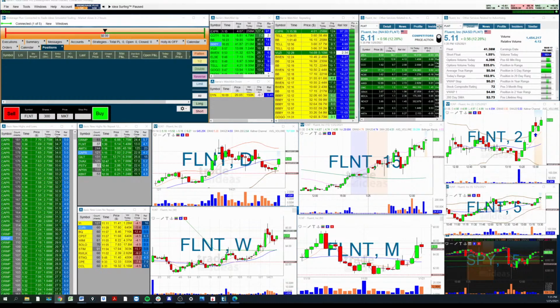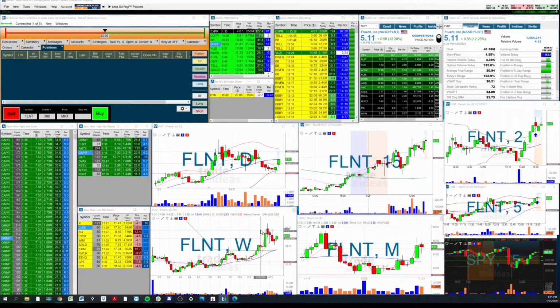Definitely interested in the FLNT. It's not a low float, it doesn't have to be a low float. Looking left again, it's got room on the monthly chart, but I don't anticipate it would get that high. The next high in the weekly is about 582, but the next high on the daily is about 554, and that's enough room. I'm just waiting to see if it bases and then pops with some volume.